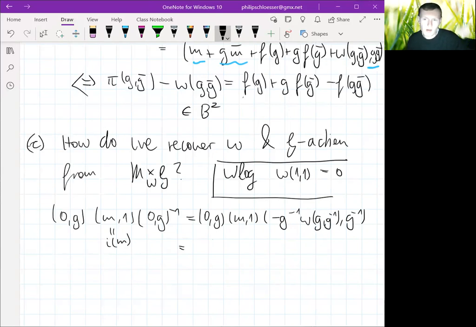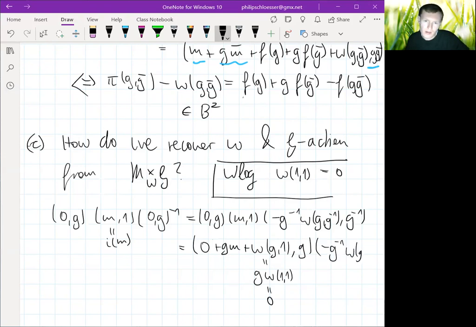So this is Gm plus G, that thing cancels, minus omega G inverse. Okay, I shouldn't skip too many steps. So we have 0 plus g times m plus omega g1. Now this thing is equal to g times omega 1, which is equal to 0. And we have g, and we multiply this by that thing there.